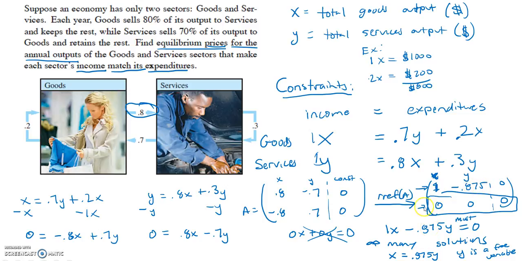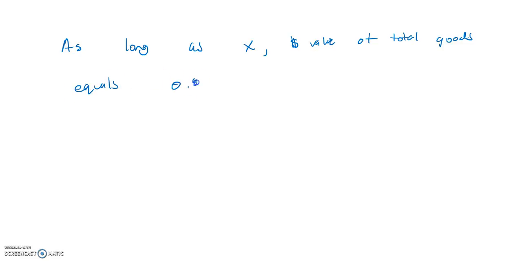So, to summarize this, you can write this down: as long as x, the dollar value of total goods, equals 0.875 times y, the dollar value of total services, we have a solution.